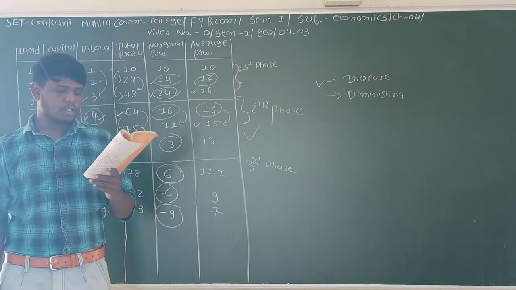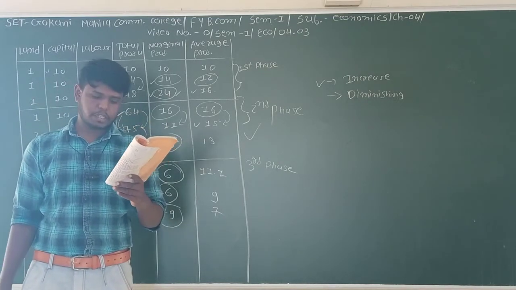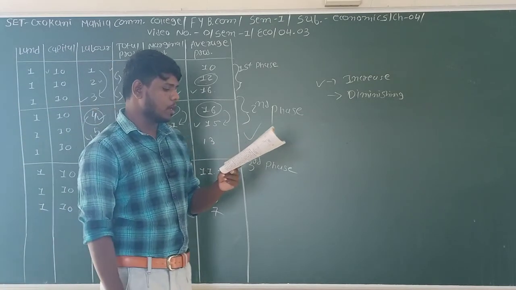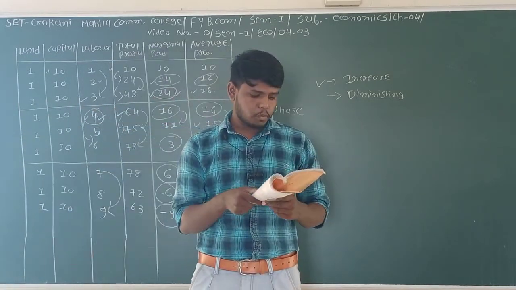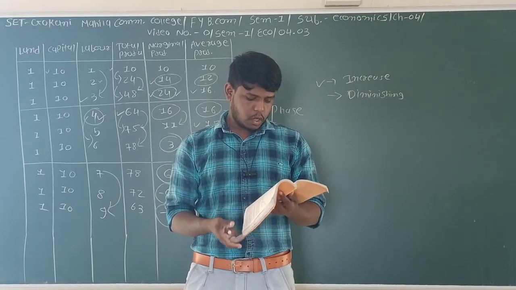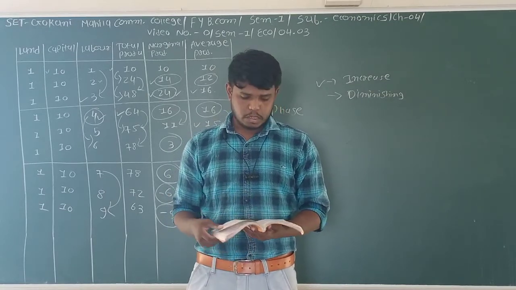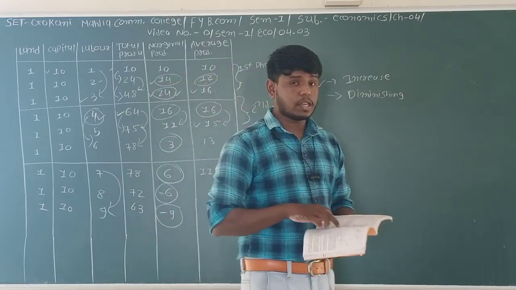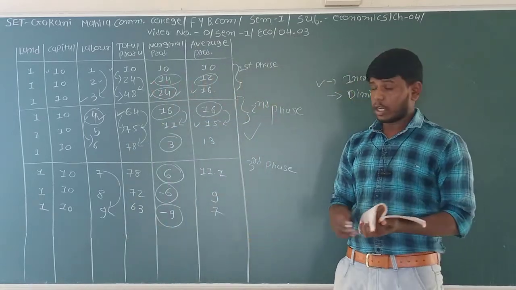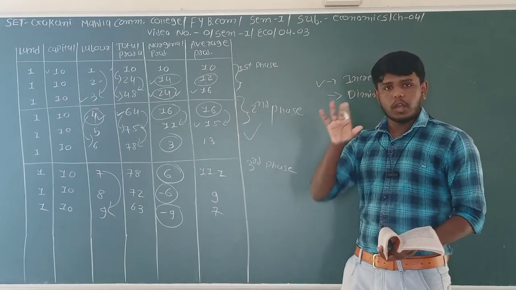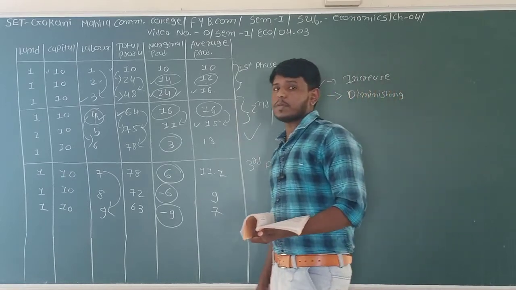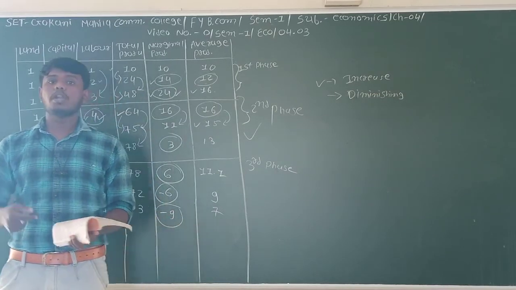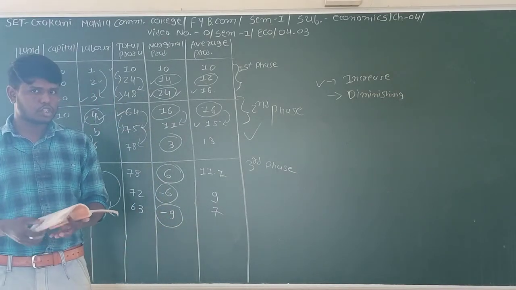Therefore, after the end of the second phase and before the third phase begins, a far-sighted entrepreneur and manager will stop employing more units of variable inputs. It means if any entrepreneur is wise enough to understand the business trends, that entrepreneur will stop increasing more and more labor units in the production system.